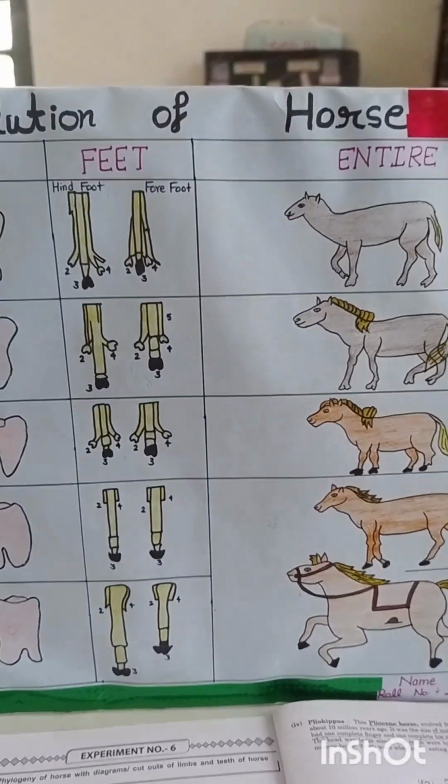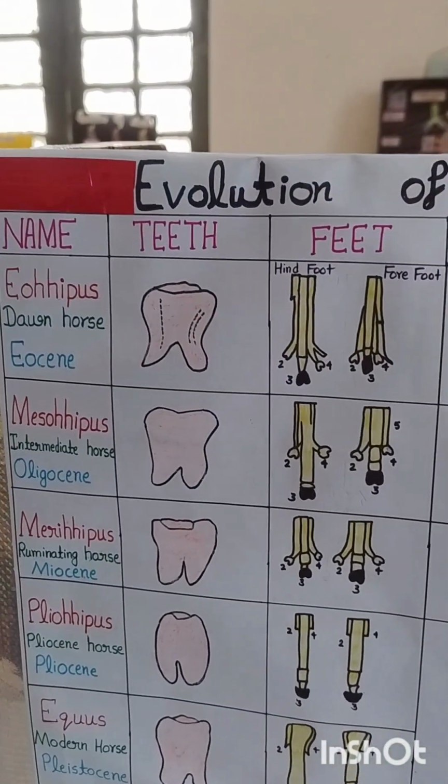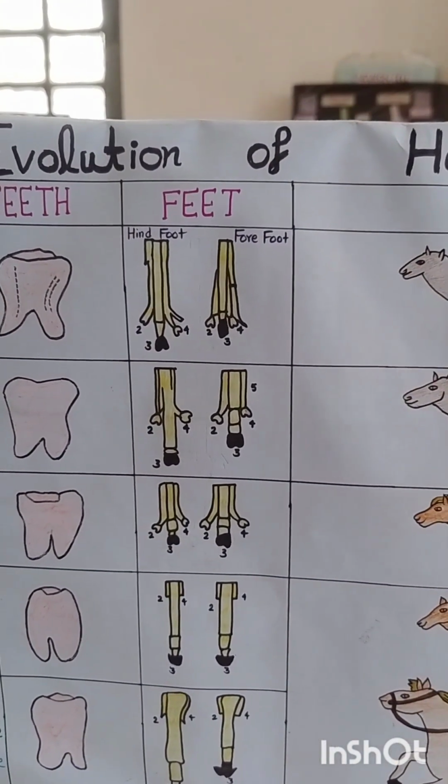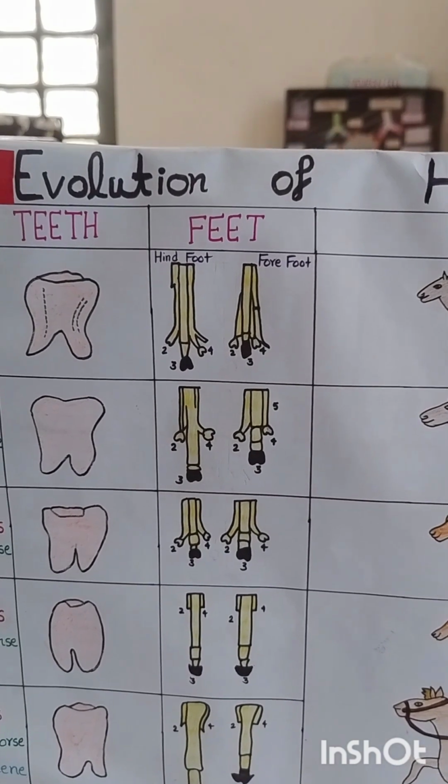Because earlier its size was only about 28 centimeters, then it changes to 60 centimeters, then 100, then 108, and then Equus is 150.